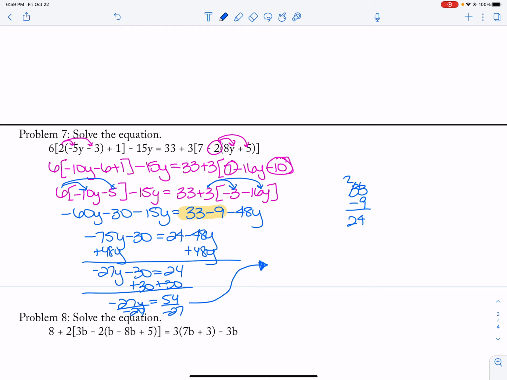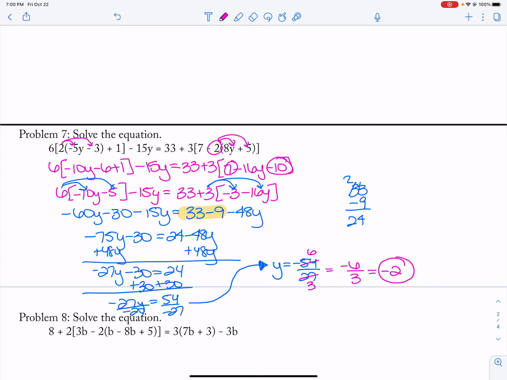But for right now, if I have negative 54 over 27, I might notice they're both divisible by 3, or both divisible by 9. So I divide 54 by 9 and I get 6. I divide 27 by 9 and I get 3. So then it's negative 6 over 3. Now it's something manageable, and I know that that's equal to negative 2.